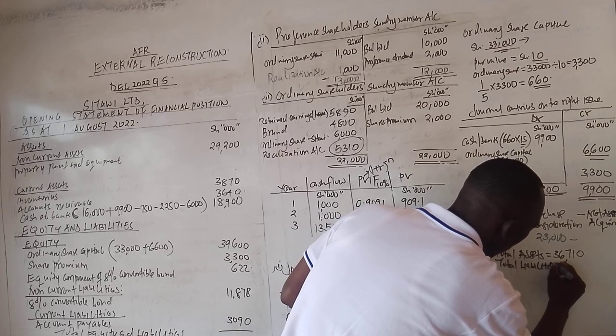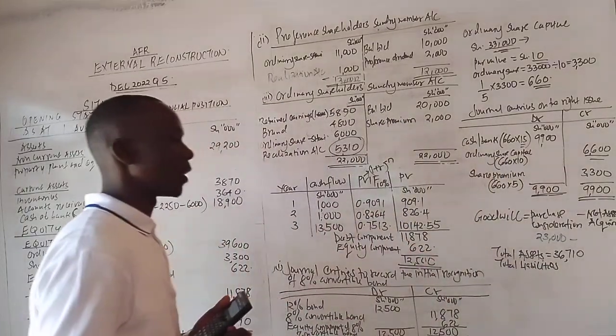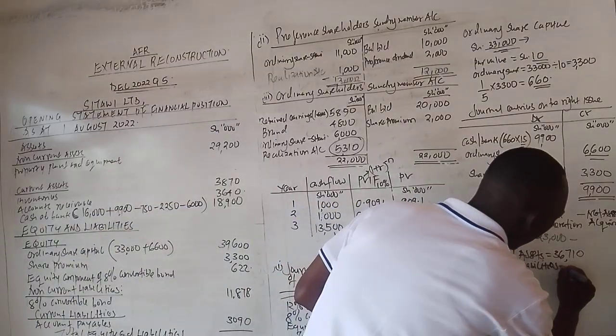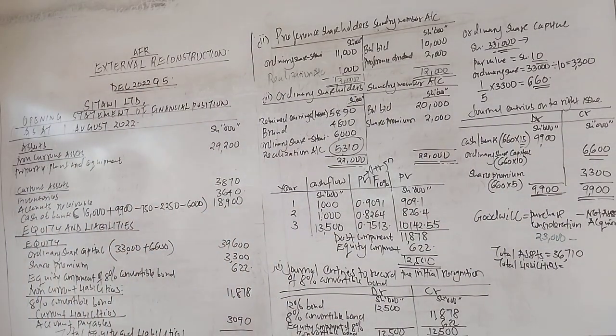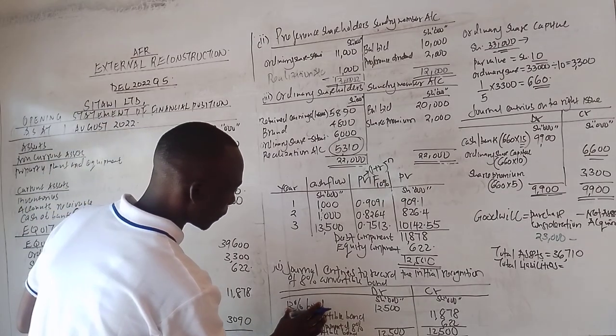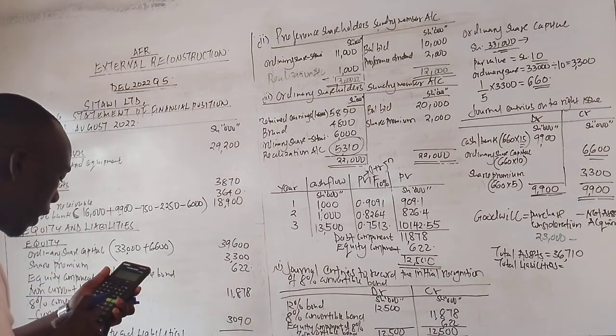Then also let us compute the total liabilities, so that we can get the net asset. The difference will give us the net asset, or what we call the equity. The first liability we have is the 12% bond, worth 12,500.